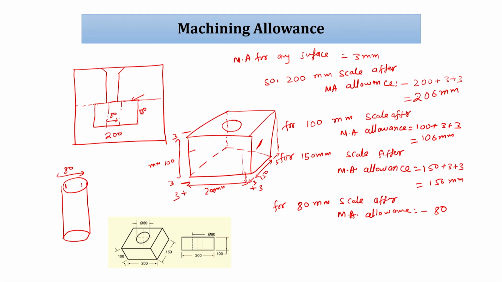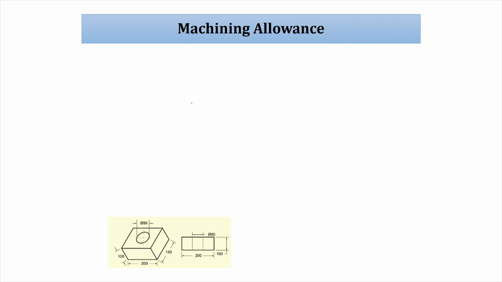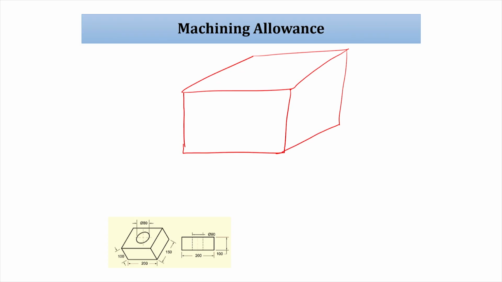Here 3 mm, 3 mm, total 2 into 3, 6 mm you have to reduce from 80, that will be 74 mm. So, the final dimensions will be 206, 156, 106 and 74 mm as phi. Okay. This is the final dimension for the machining allowance.